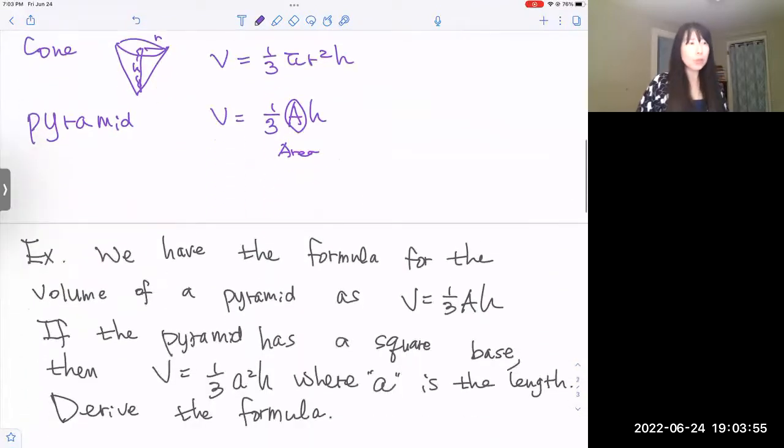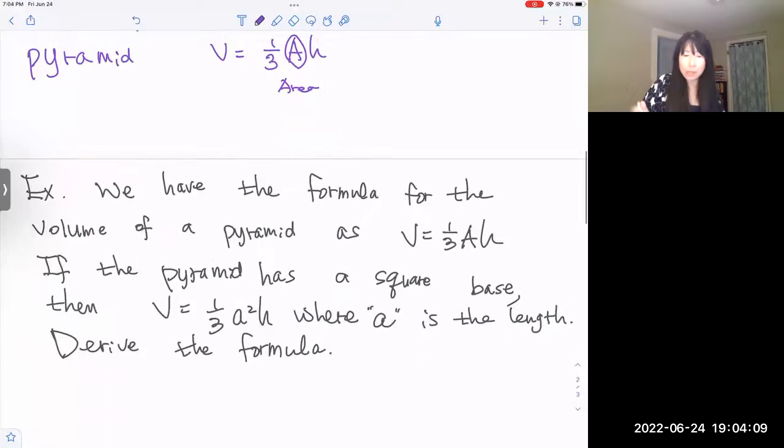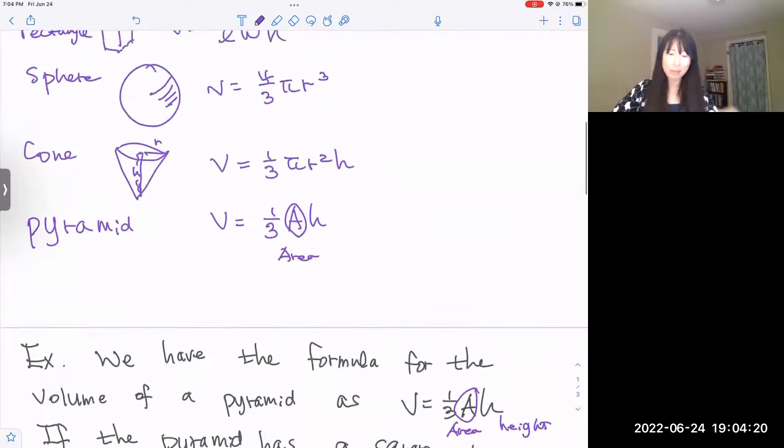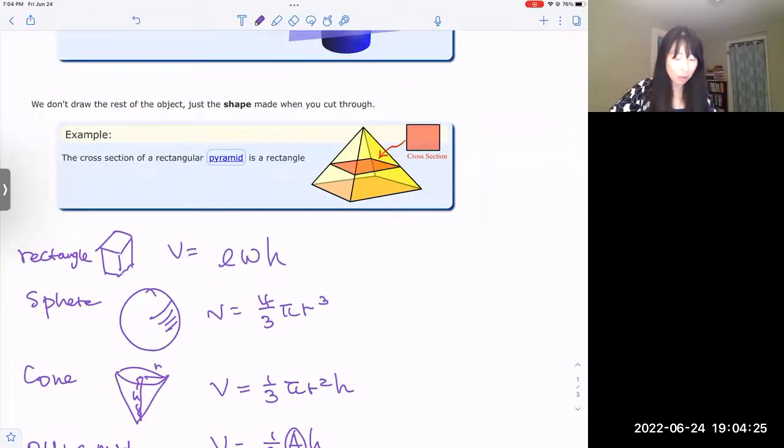Then let us do this example. They say that we have the formula for the volume of a pyramid as V equal to 1/3 A times H, which is the area of this one and the height for this one, right? Now, they say that in here we have a cross section. They said a rectangle, but it looks like in this case it is a square, right?